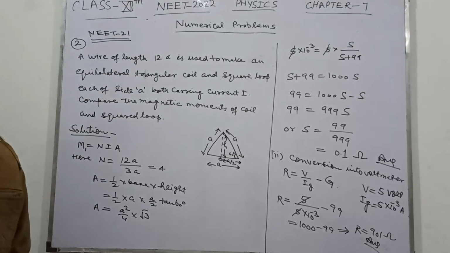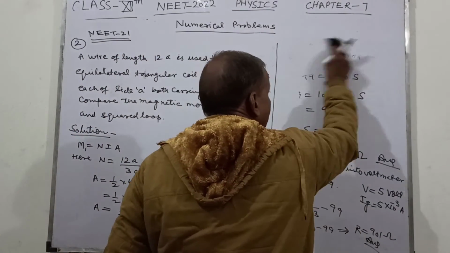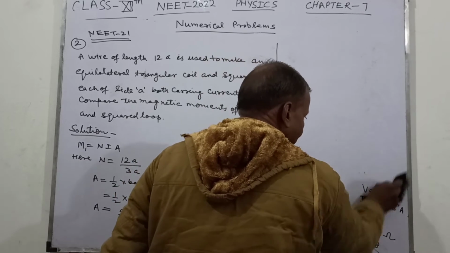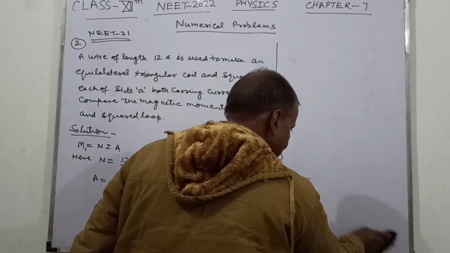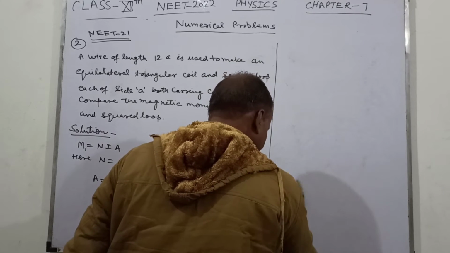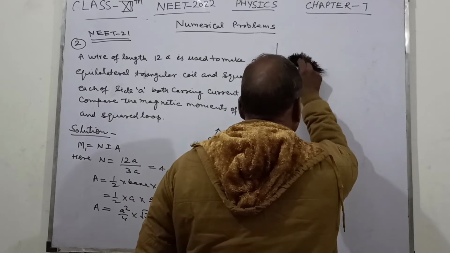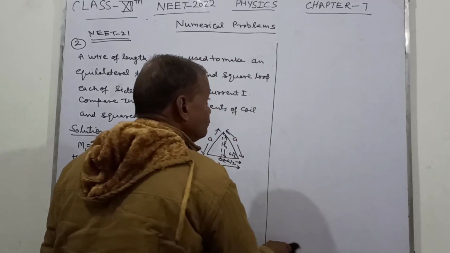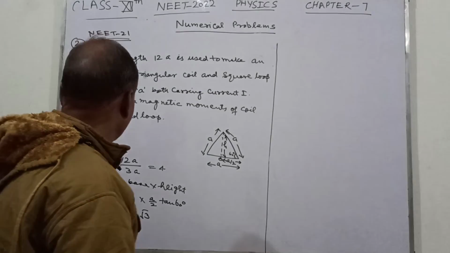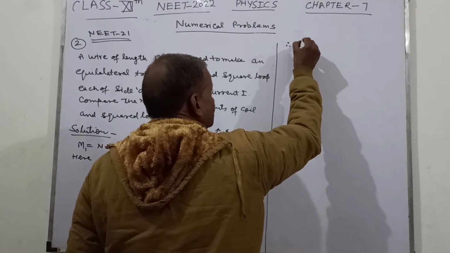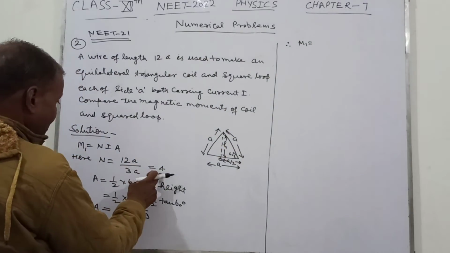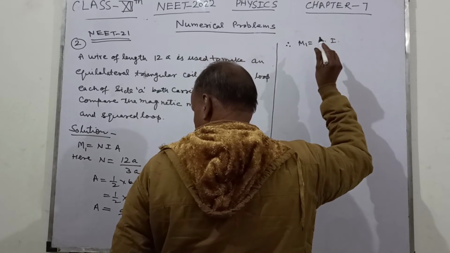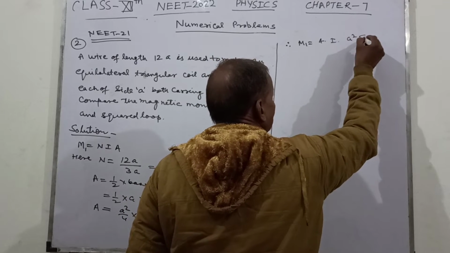This is now suppose M1. Therefore M1 equals, in place of N we write 4, into I, into A, which is A square root 3 upon 4.